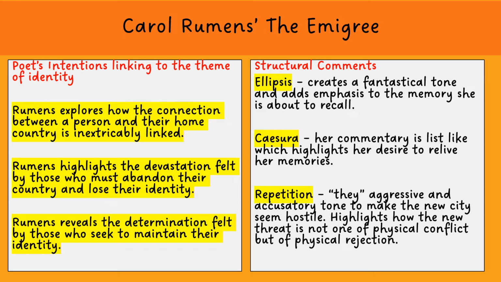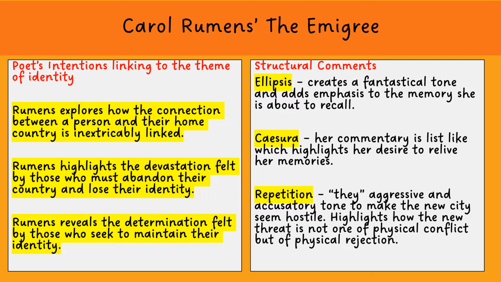Then you've obviously got the repetition of "they," okay, which I touched on in the previous slide, but this is with a sense of aggression, and it's an accusatory tone, and it makes the new city seem very hostile. It highlights how the new threat is not one of physical conflict, but a physical rejection, okay?